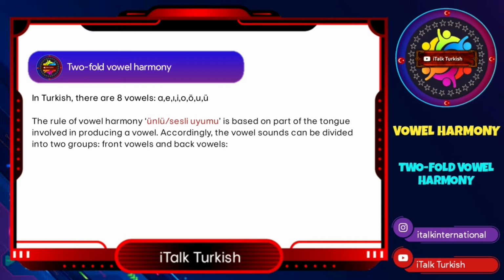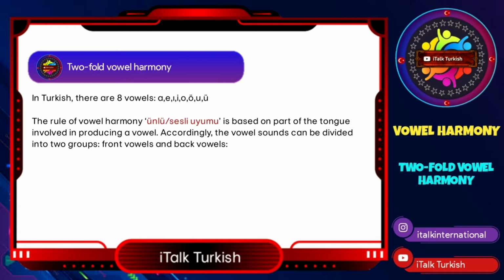Vowel harmony is the process in Turkish by which the vowel in an adding or suffix changes to become more like the vowel the word is attached to, the last vowel in the word. Accordingly, the vowel sounds can be divided into two groups as back vowels and front vowels.